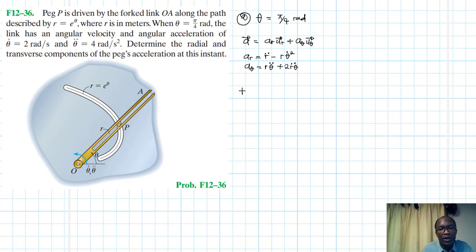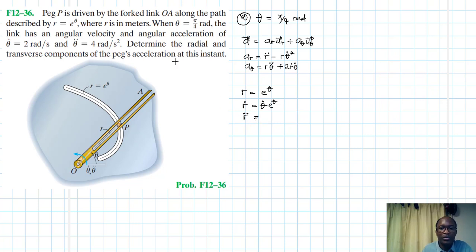Alright, so we have been told that r is equal to e to the power theta. Therefore our r dot will be equal to theta dot e to the power theta, using the chain rule as well as the power rule.